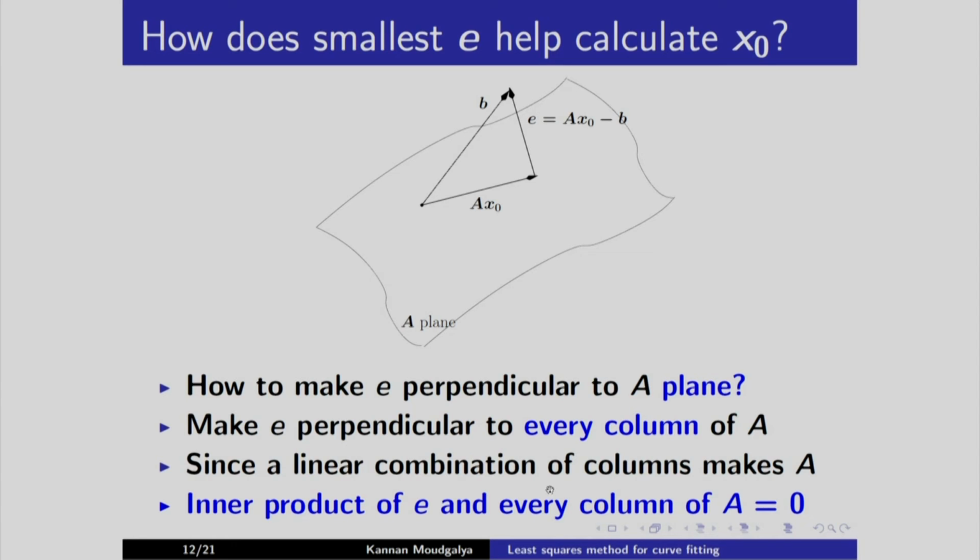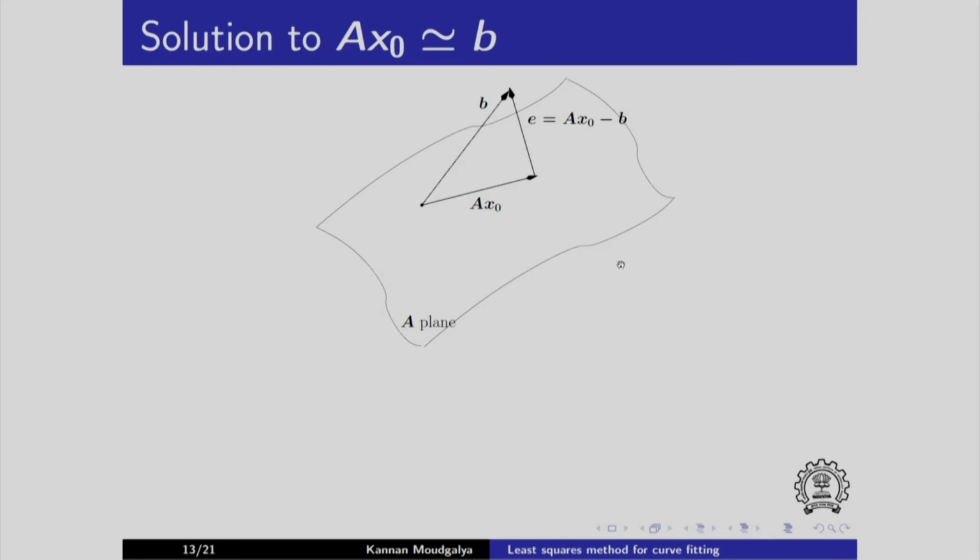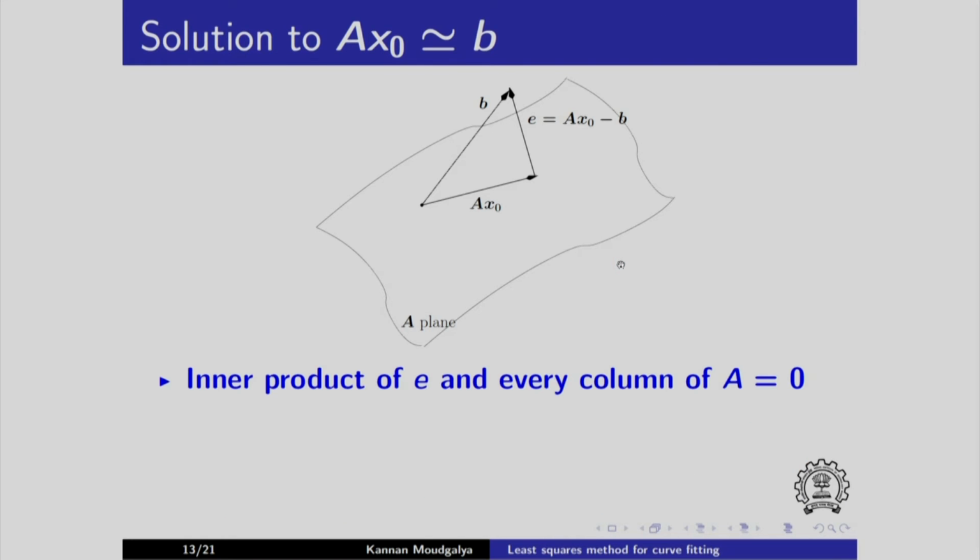So how do we do this? How do we make this perpendicular to every column of A? We make the inner product of E and every column of A equals 0. We do that here in this slide.